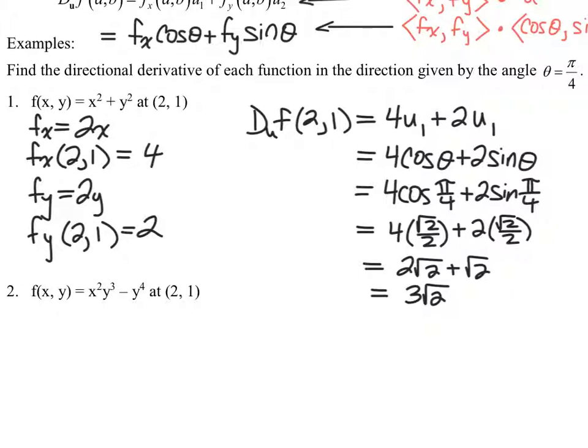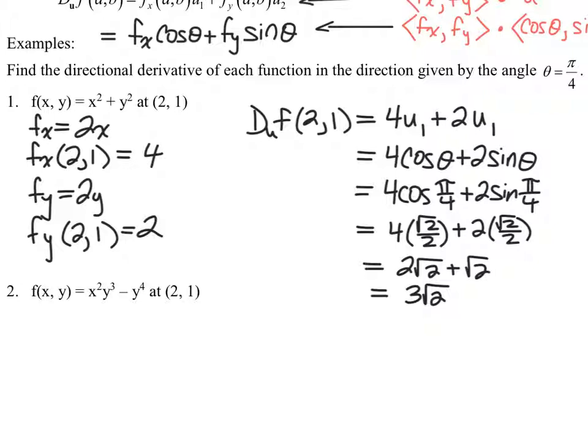All right, so this is what we're calling the directional derivative at the coordinate where x is equal to 2, y is equal to 1. There's a z associated with that. You can figure it out. Maybe just 5. So if you're looking in 3 space, it would be the coordinates 2, 1, 5. Going off at an angle of pi over 4 from that direction, you would have a magnitude of 3 radical 2.